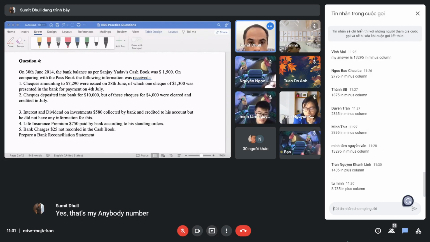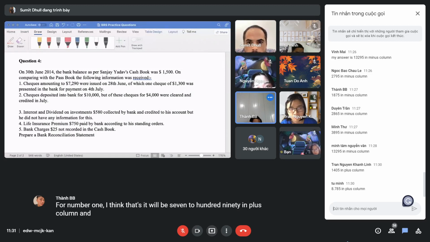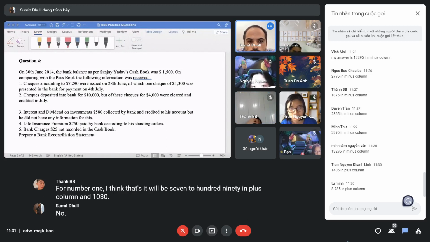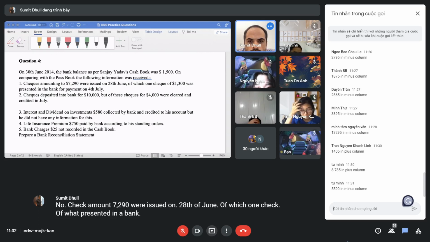Anybody for number 1? For number 1, I think that it will be 7,290 in the plus column and 1,030. No. Checks of 7,290 were issued on 28th of June, of which only one check was presented to the bank for payment.